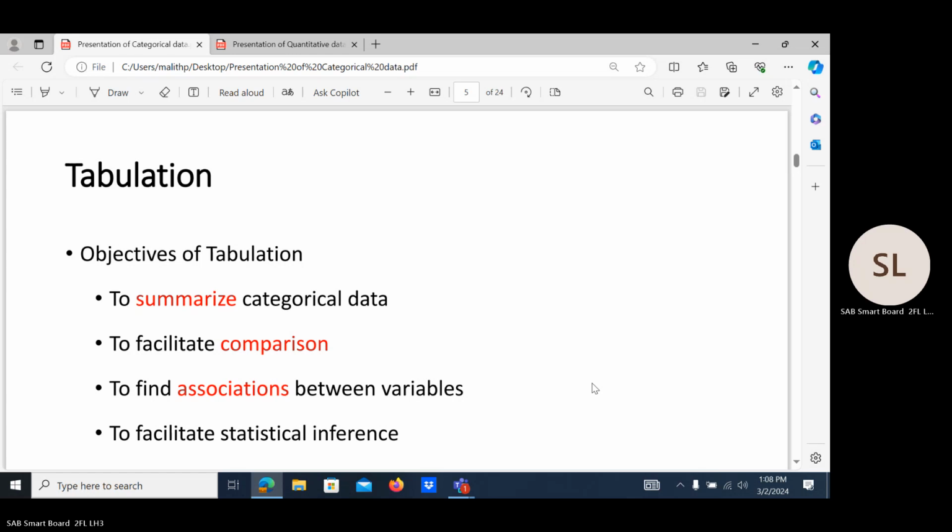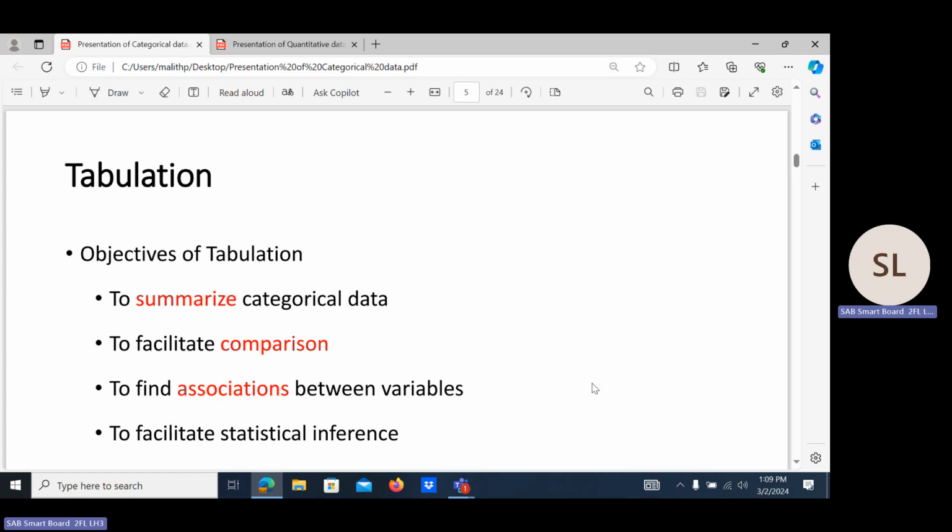Using the tabular format, we can summarize the data. Think we have a lot of numbers. We collect the data, then we have a lot of numbers or words. We can present the numerical data through the tabulation format and summarize it.